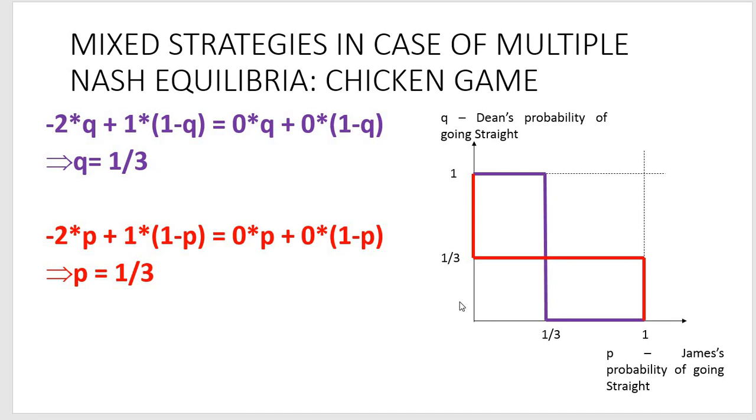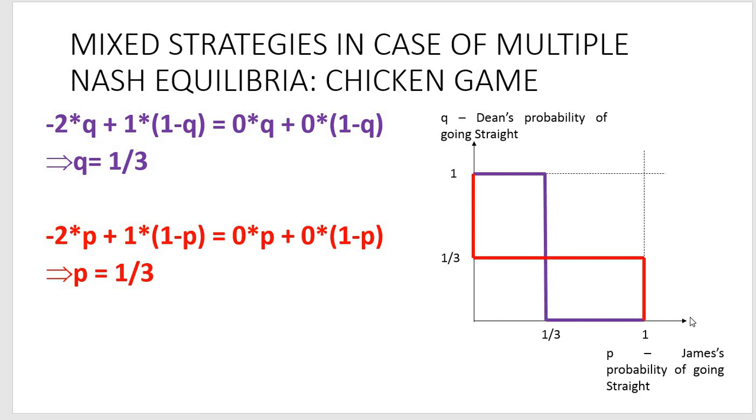And again, you can also analyze those best response functions using ordinary human logic. So we analyze how Dean should make his decision based on the decision made by James. Let's say that the probability that James will decide to go straight is below some critical value. Then it makes sense for Dean to go straight, because in this case he would prefer to go straight and win over James in this game.